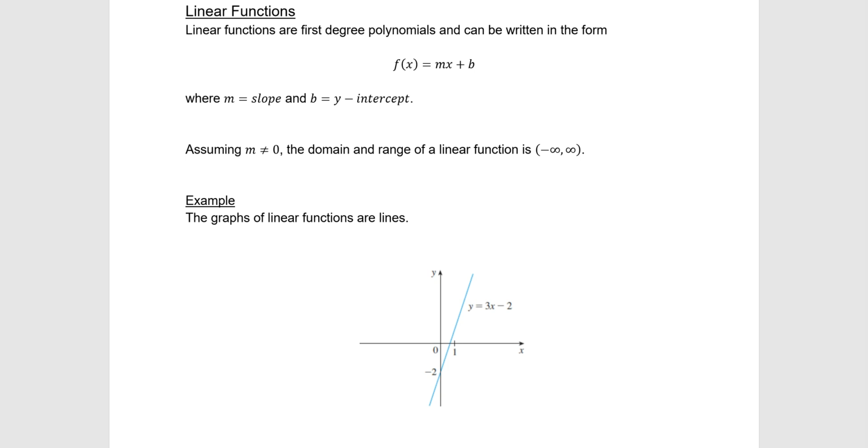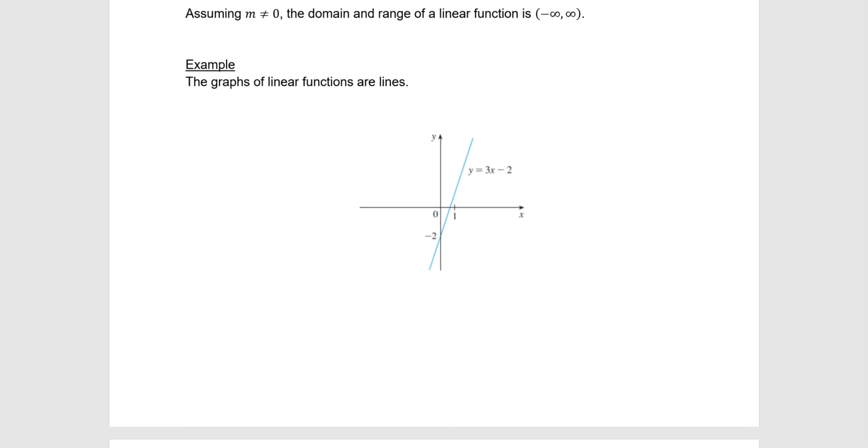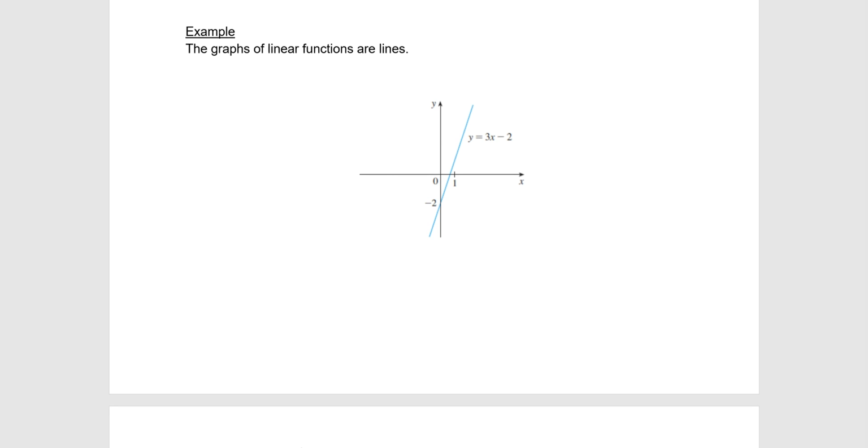And assuming that the slope is not equal to 0, the domain and range of all linear functions is negative infinity to positive infinity. Obviously the graphs of linear functions are lines, which is why we call them linear functions. So here's an example, y equals 3x minus 2, what we just did. It is a line.